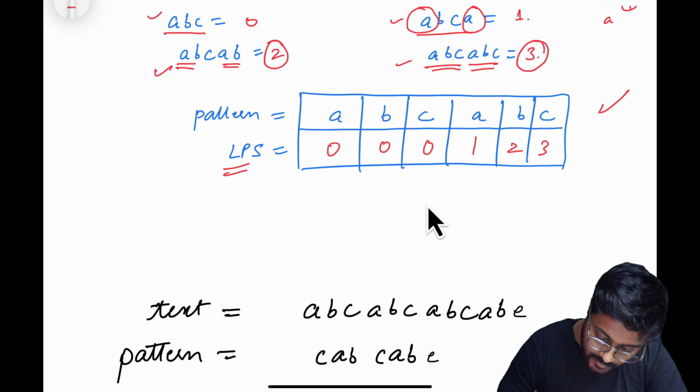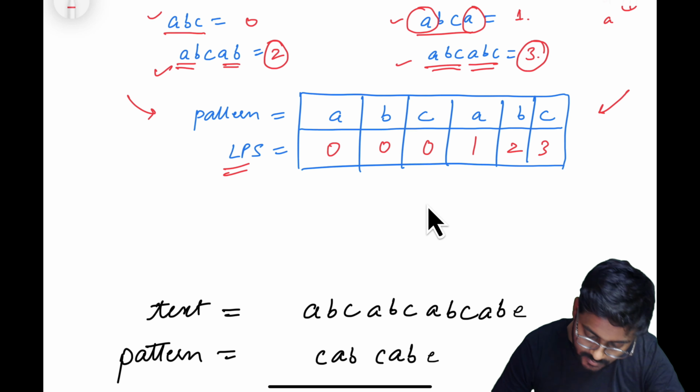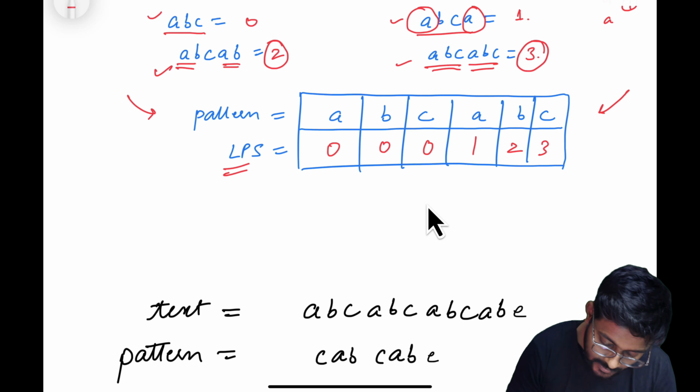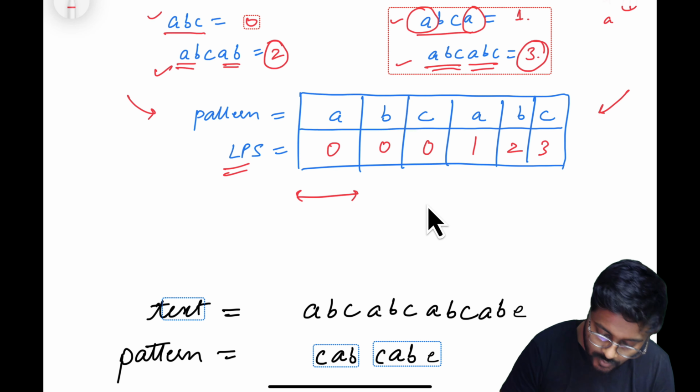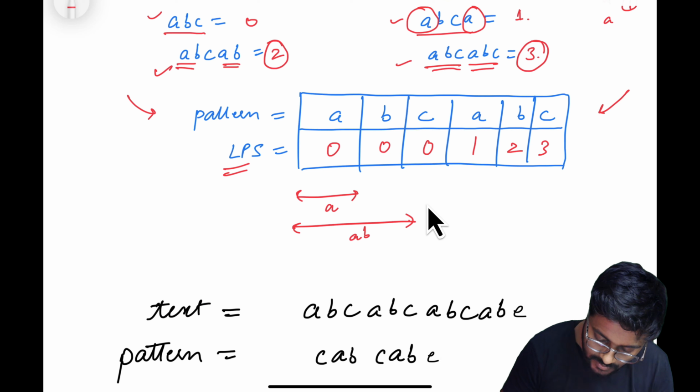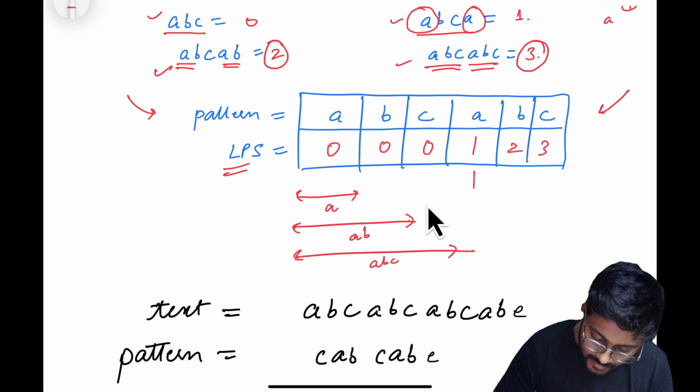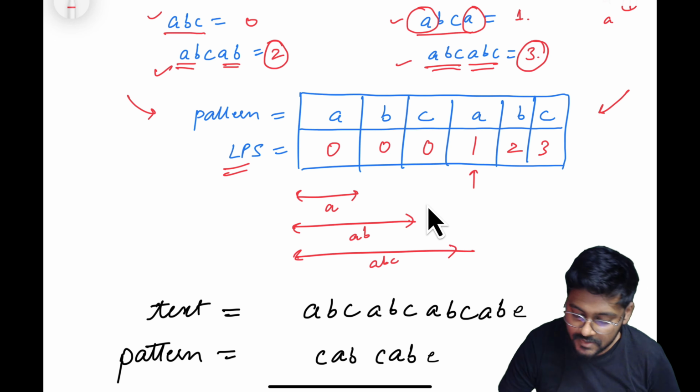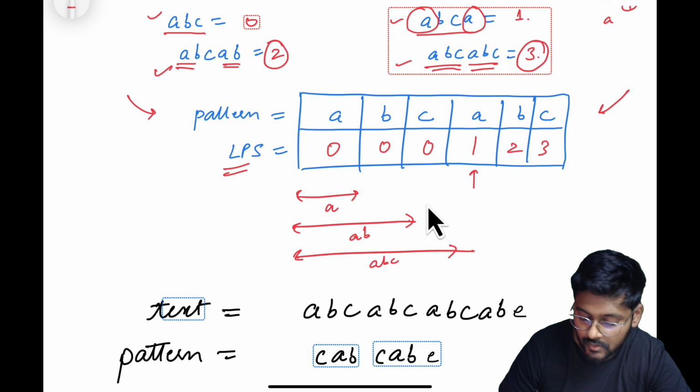So let's have a look at this table. This table is going to have A, which means this is the LPS value of substring A. And this is the LPS value of substring AB. And this is the LPS value of substring ABC, and this is for ABCA, ABCAB, and this is for the whole pattern.